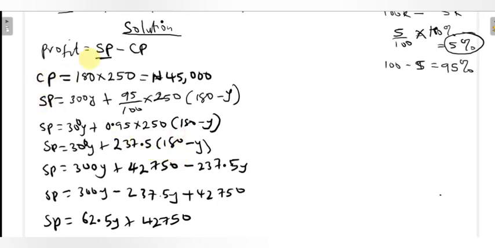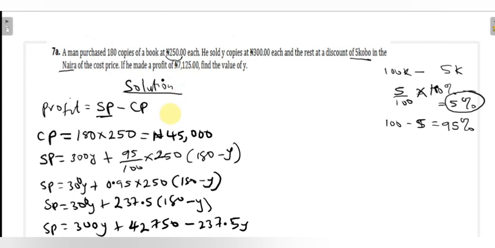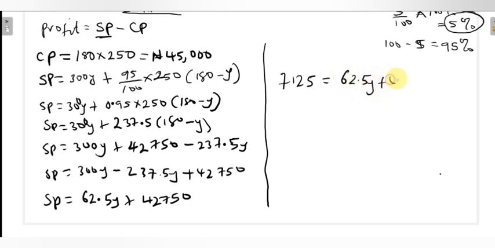The profit is equal to selling price minus cost price, and we know that the profit from the question is 7,125. So I have 7,125 is equal to this selling price, 62.5Y plus 42,750. And we'll subtract that from the cost price, which is 45,000.